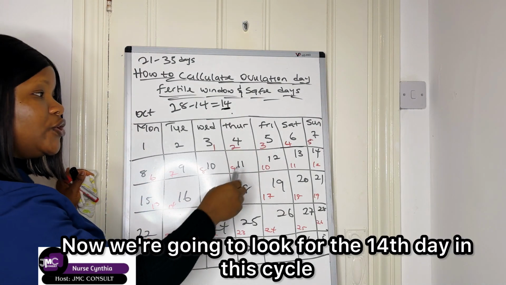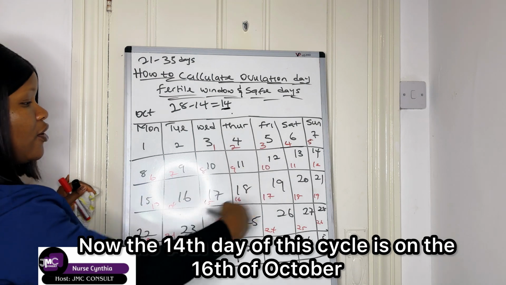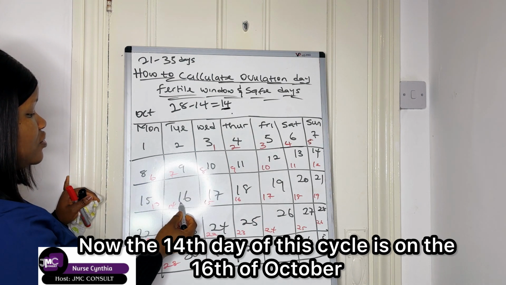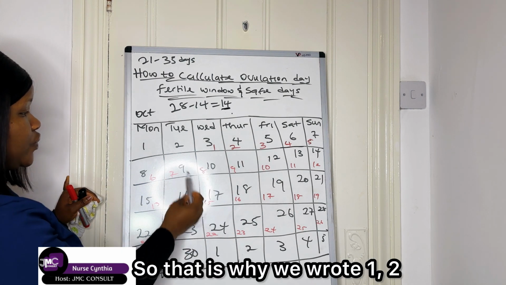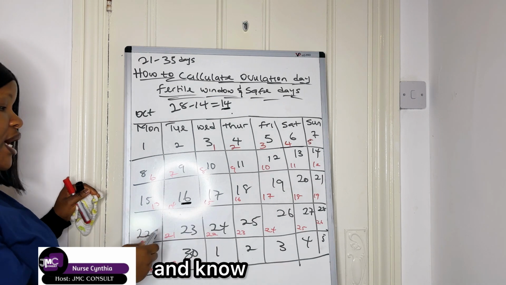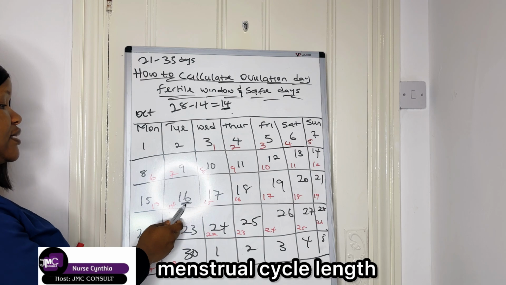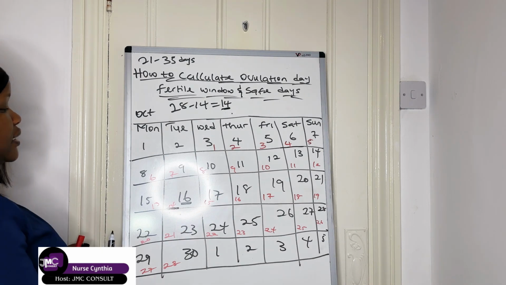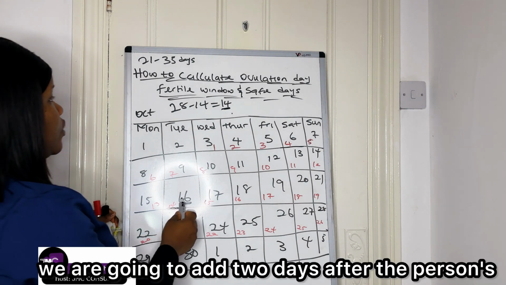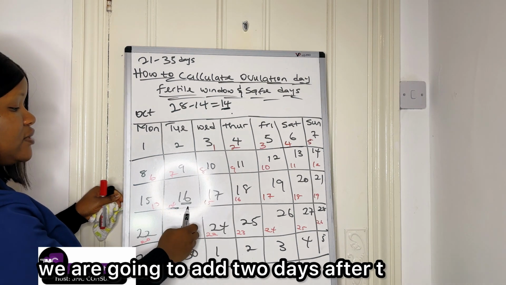Now we're going to look for the 14th day in this cycle. Now the 14th day of this cycle is on the 16th of October. So that is why we wrote 1, 2, 3, just to be able to number it and know where we are. This is the 14th day of the person's menstrual cycle length. So now using this 14th day, we are going to add 2 days after the person's ovulation day.